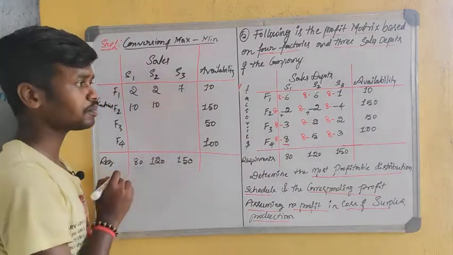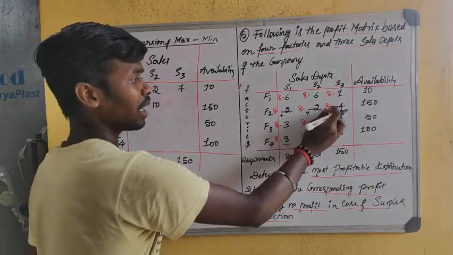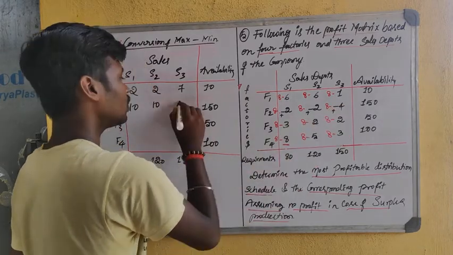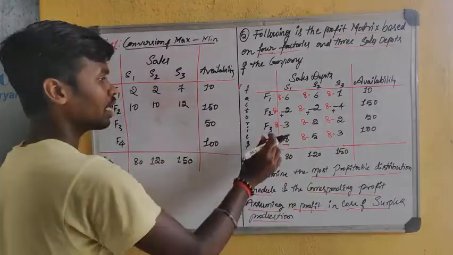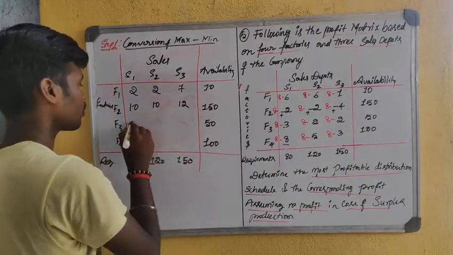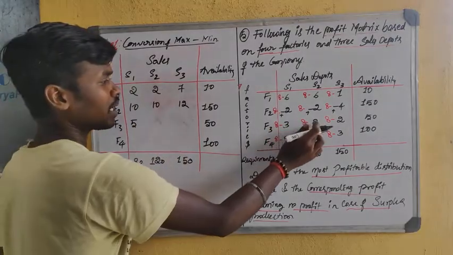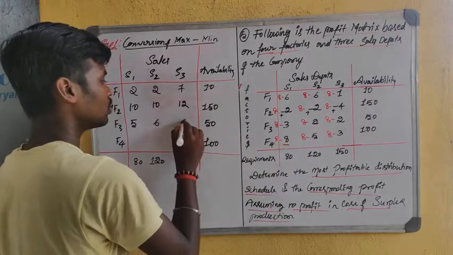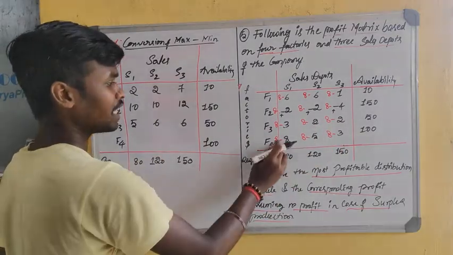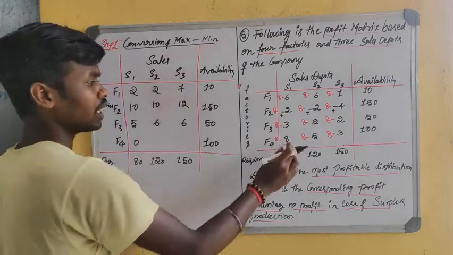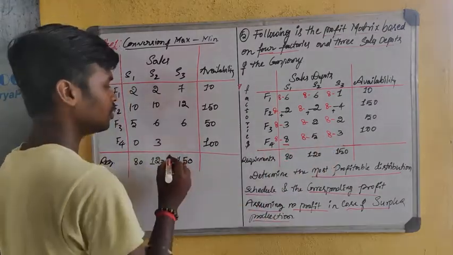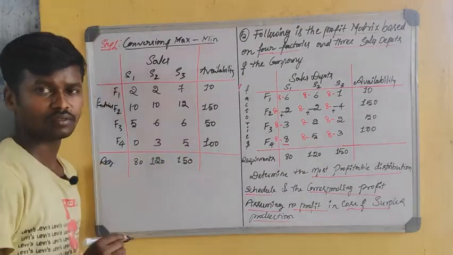Next, 8 minus minus 4, minus into minus is plus, 8 plus 4, 12. Next, 8 minus 3, 5, 8 minus 2, 6, 8 minus 2, 6. Next, 8 minus 8, 0. Next, 8 minus 5, 3. Next, 8 minus 3, 5.